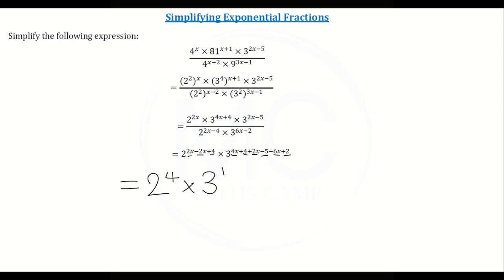And now we have 2 to the power of 4 multiplied by 3 to the power of 1. 2 to the power of 4 is 16, and 3 to the power of 1 is simply 3. Now let's multiply 16 by 3, and we get an answer of 48. Let's do another one.